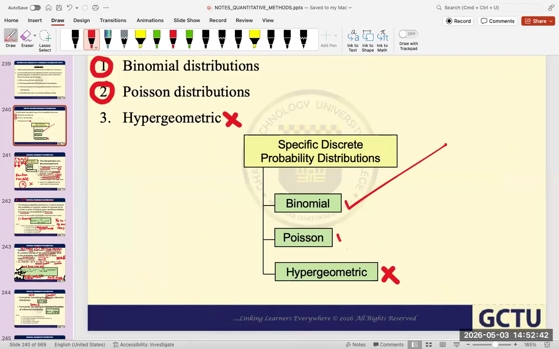The Poisson distribution. The binomial, if you have even forgotten about all that we have done, don't forget about this: binomial deals with only 2 possibilities.